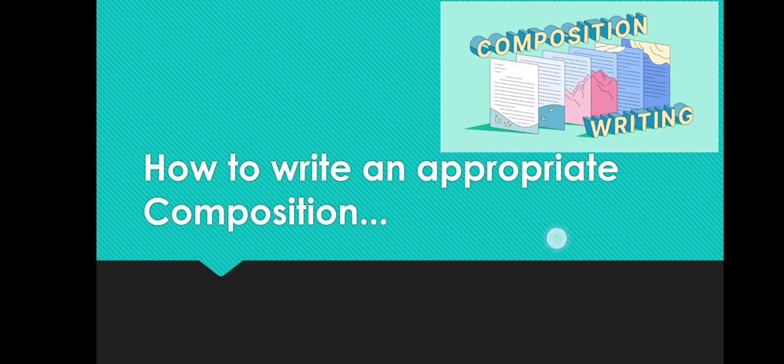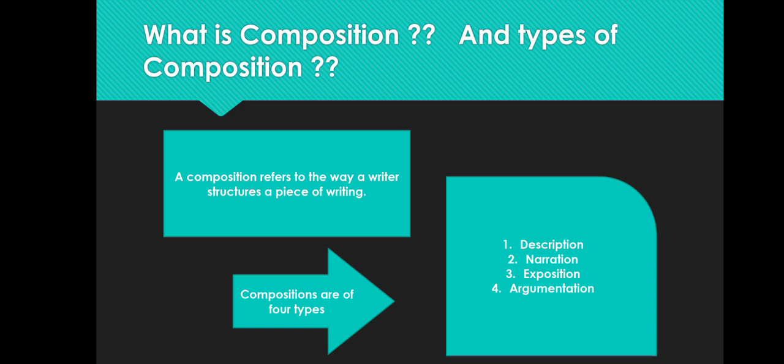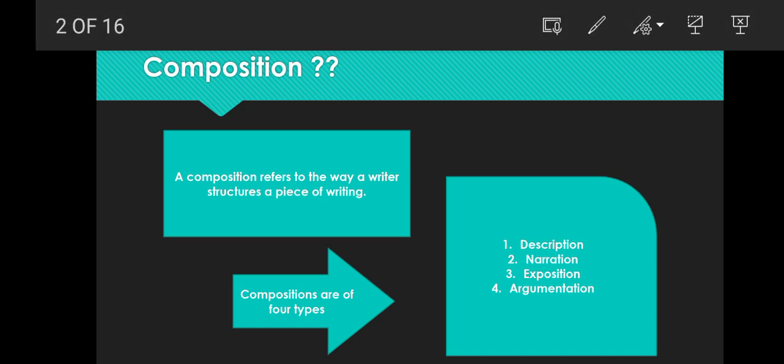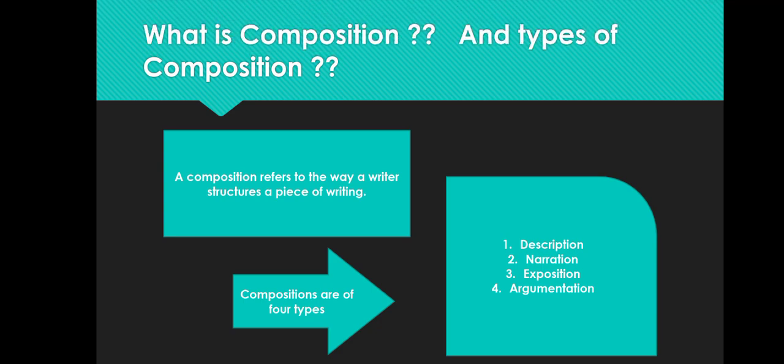This is the definition for composition: a composition refers to the way a writer structures a piece of writing, meaning how a writer decorates the piece of paper.